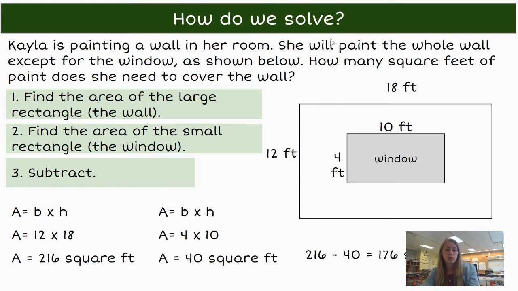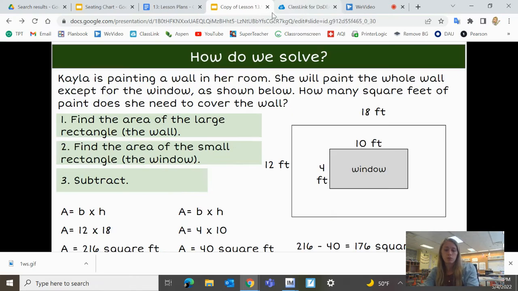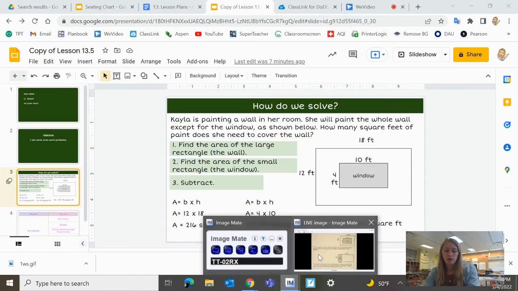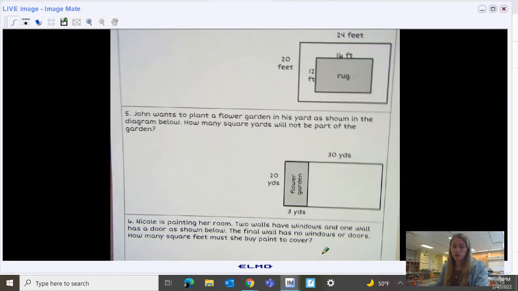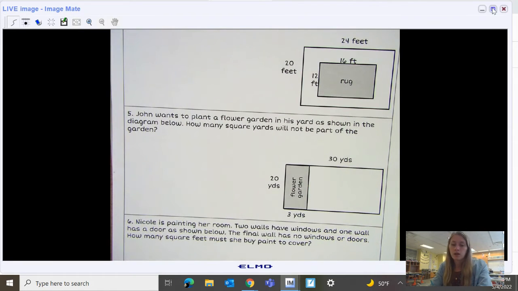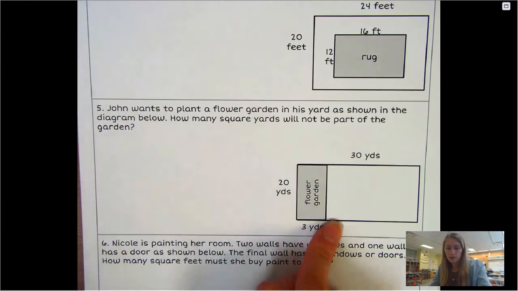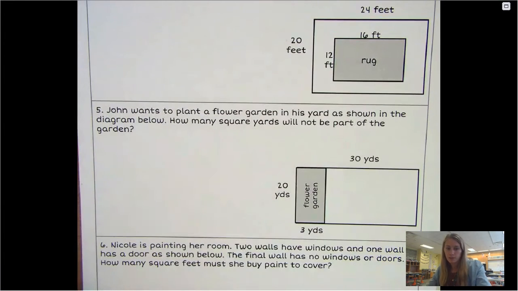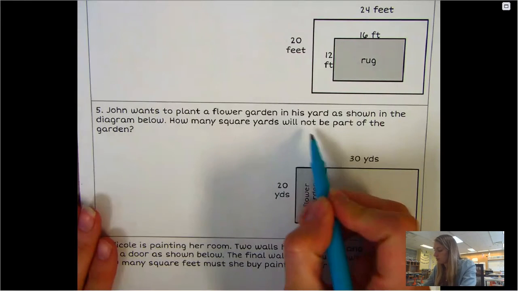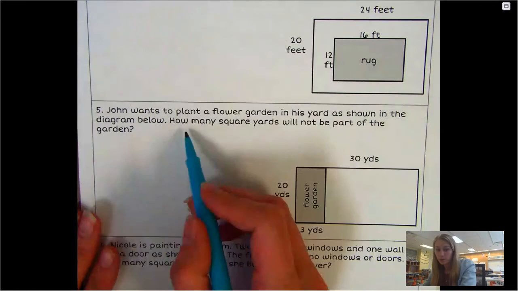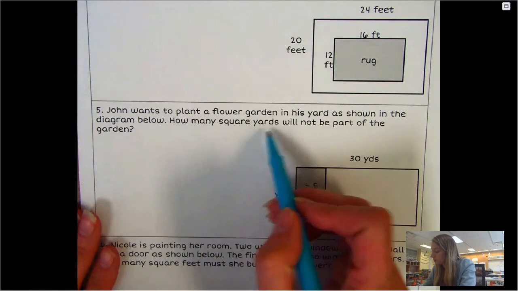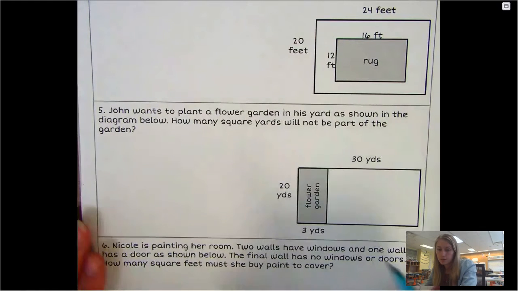All right, we're going to move to an example, one more over here. I'll show you how to solve this one. So this one looks slightly different, but it means the same thing. So John wants to plant a flower garden in his yard as shown in the diagram below. How many square yards will not be part of the garden?